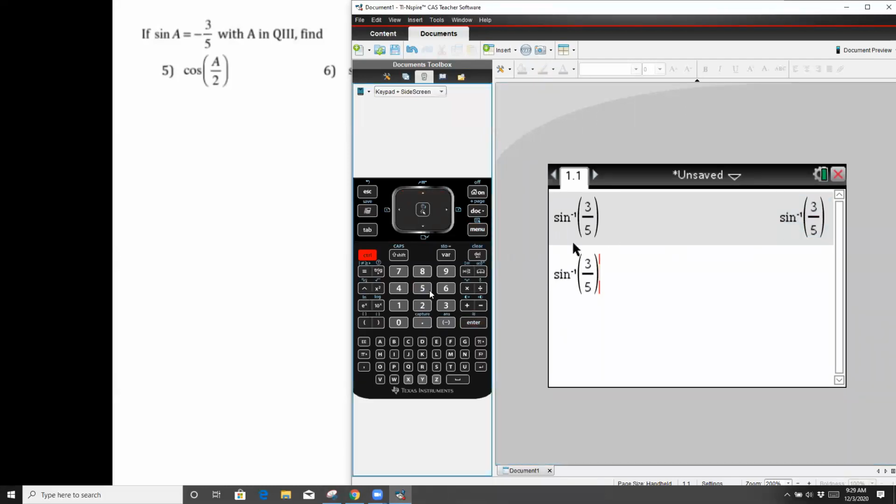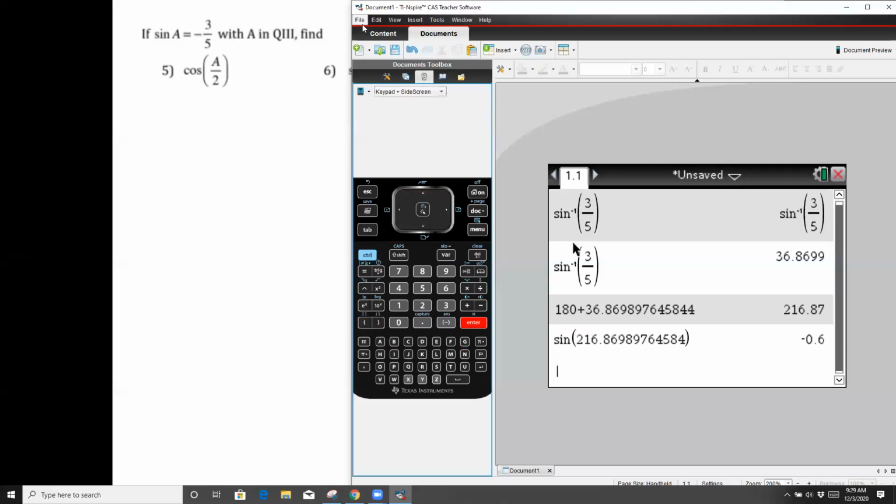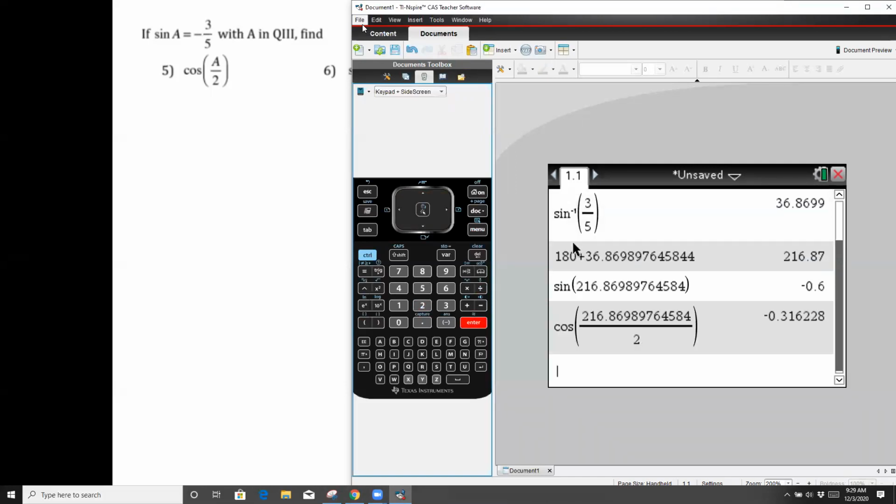So we get the reference angle is 36.8699. Now this angle is in quadrant 3. So that means it's 216. So that's the sine of A, right? If we did the sine of A, we're going to get negative 3/5, and it's in quadrant 3. So now we do the cosine of A over 2, so this half of it, and we get that number.